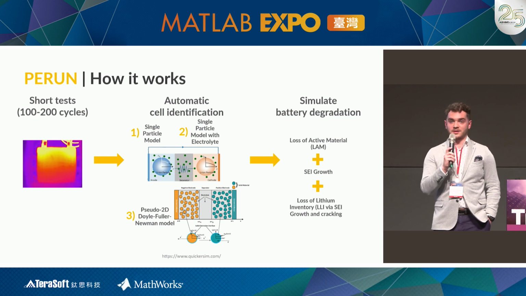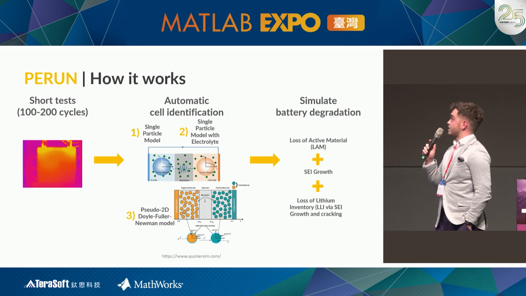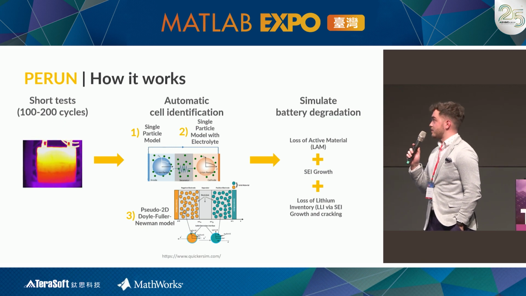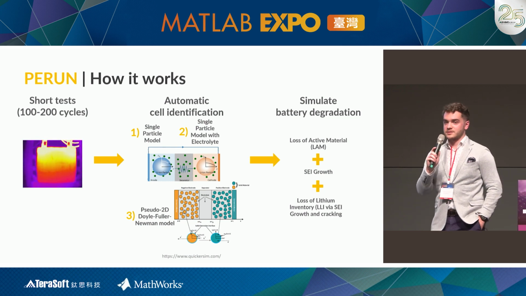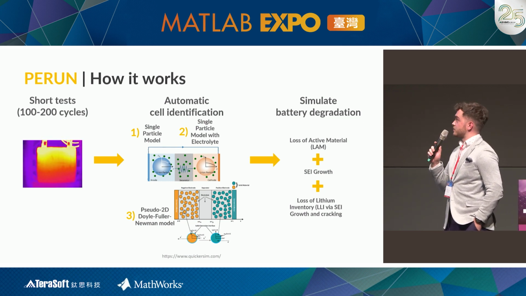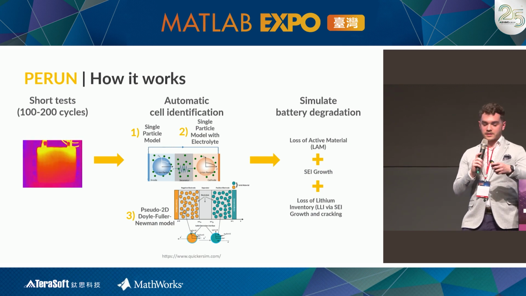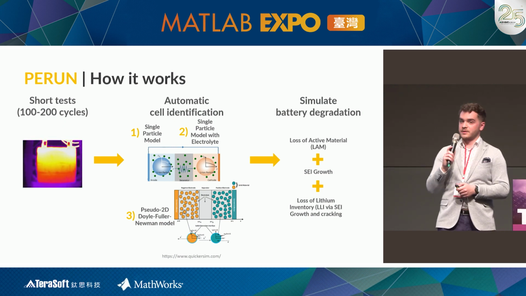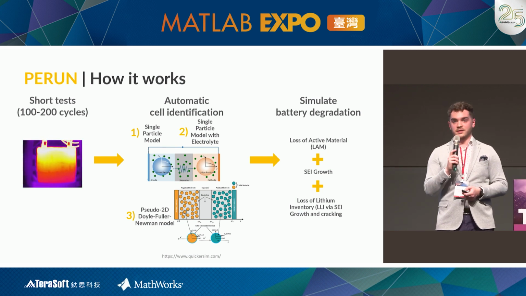However, I can tell you that after the initial validation that we have done, we already have a working example of a battery cell where, after I think 200-something cycles, we have a working example of the automatic cell identification of all of those models. I'm not sure if we already have something to compare about battery degradation for longer cycles, but definitely our team from the technical department will be happy to discuss.